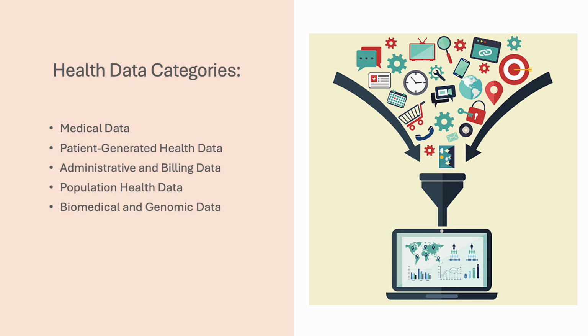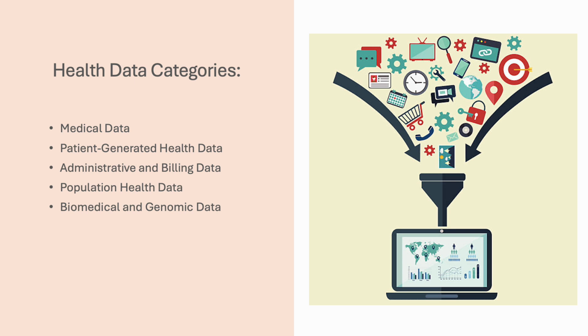And next, I'm going to talk about what the health data categories are. There are 5. The first one is the medical data. It's a subset of health data generated or used in professional medical contexts, including patient records, lab tests, and treatment plans. The second one is patient-generated health data, created outside clinical settings by patients themselves, such as through mobile health apps or wearable devices.